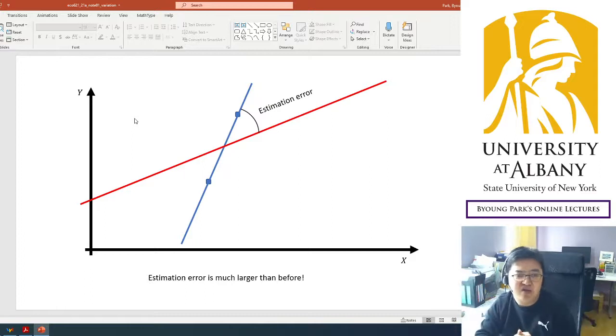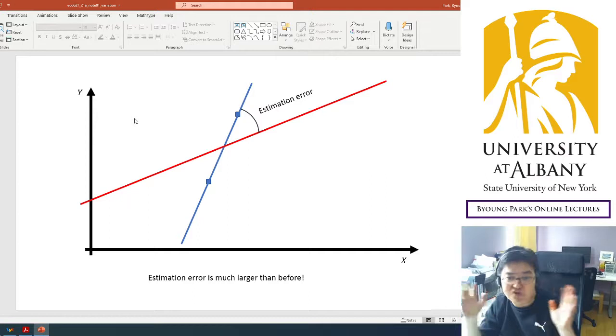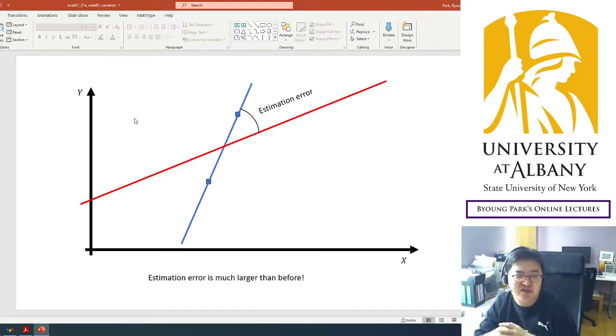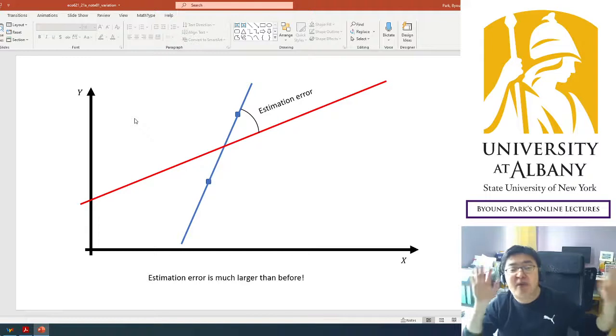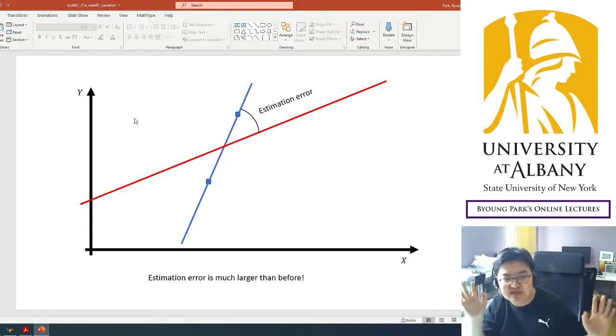So ideally, if you could do an experiment on education, I would allocate people across all the possible education levels, from zero education, if experiment was possible.